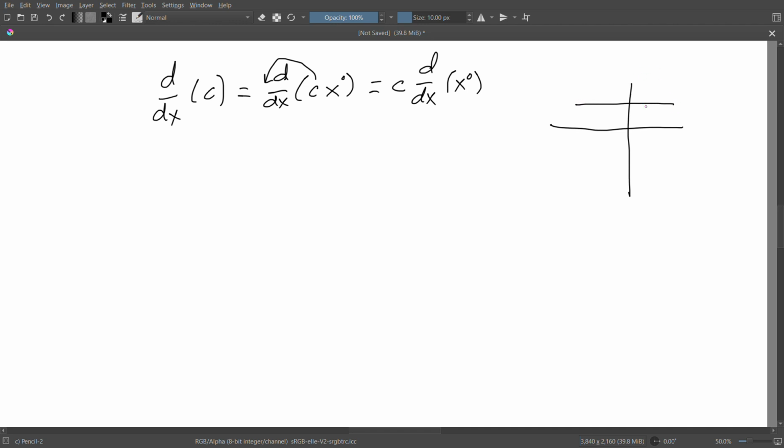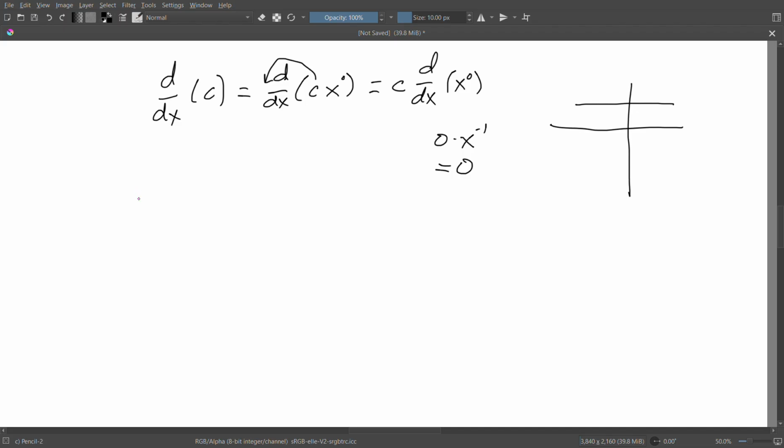But you can look at the graph and see, oh, the slope of this should be 0, or you can trust that this will be 0 times x to the minus 1, which is just going to be equal to 0. So the derivative of a constant is 0. That shouldn't come as a surprise.